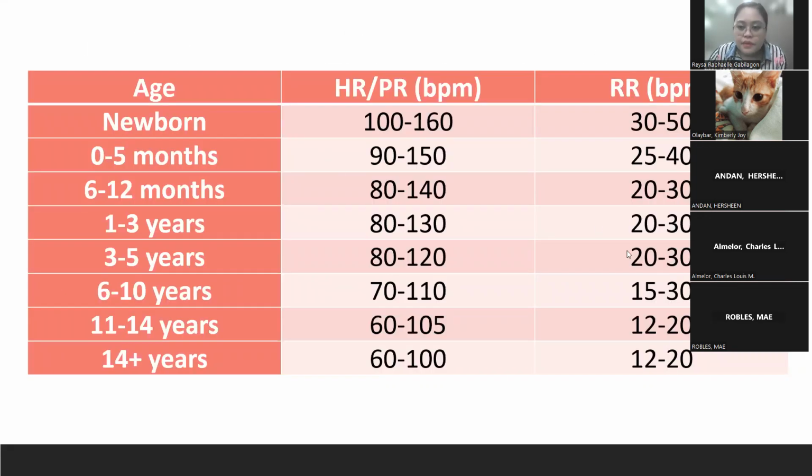Pero adults, please take note, 12 to 20. I wasn't able to see your results when you did this activity, but I hope na yung classmate nyo na kinuhanan ng respiratory rate, normal respiratory rate nila, 12 to 20, baka nag-hyperventilate na din.